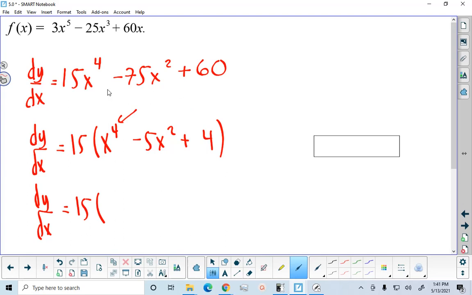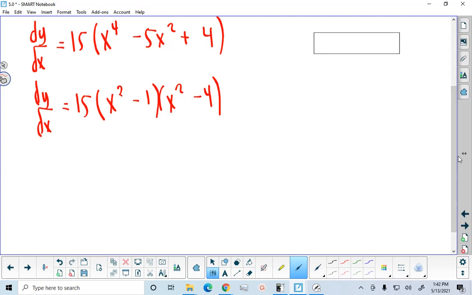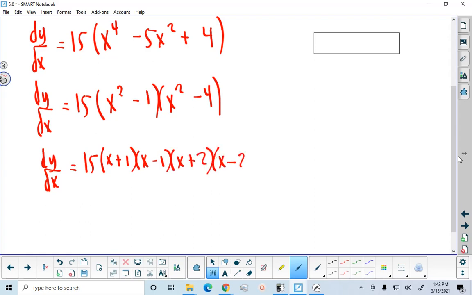We don't need the discriminant, because there are two numbers that multiply to give 4 and add to give -5. So it's x squared minus 1, x squared minus 4. That all factors further into 15, x plus 1, x minus 1, x plus 2, x minus 2.